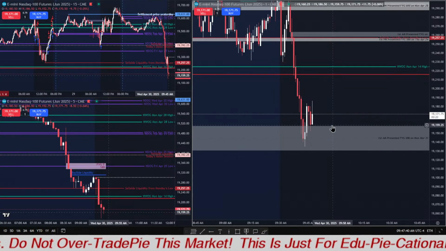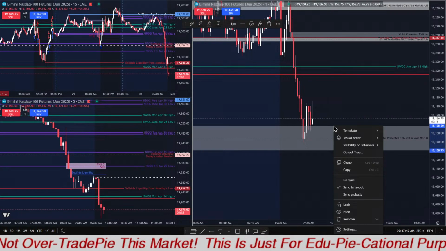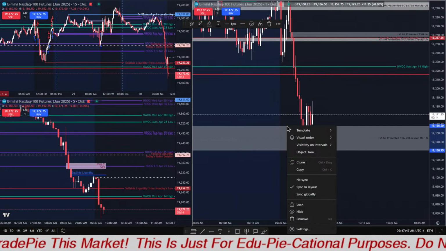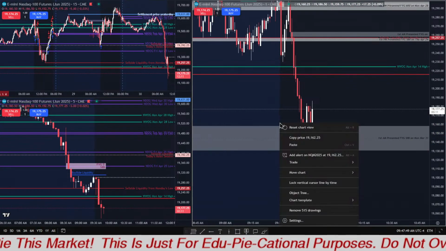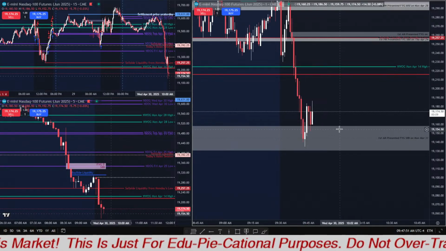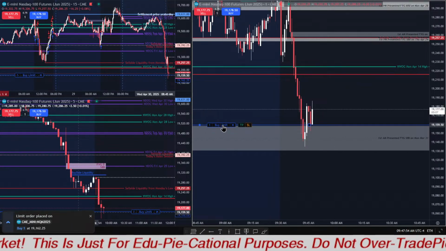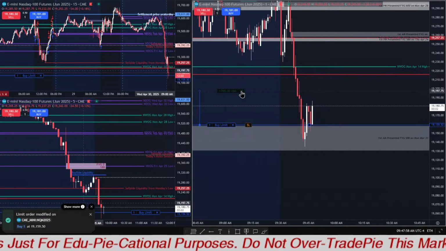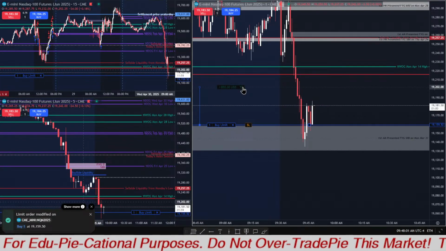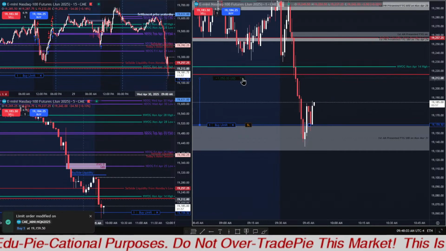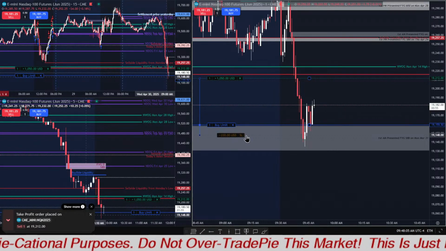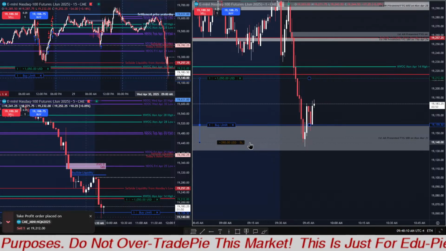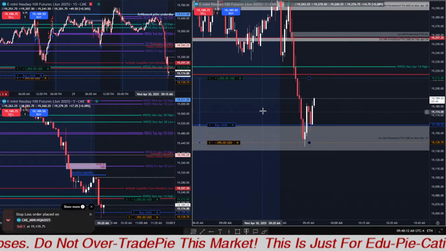If once again we tapped into this price over here, I would like to go for a long position. I can take a long. And my target will be here. With this one here.